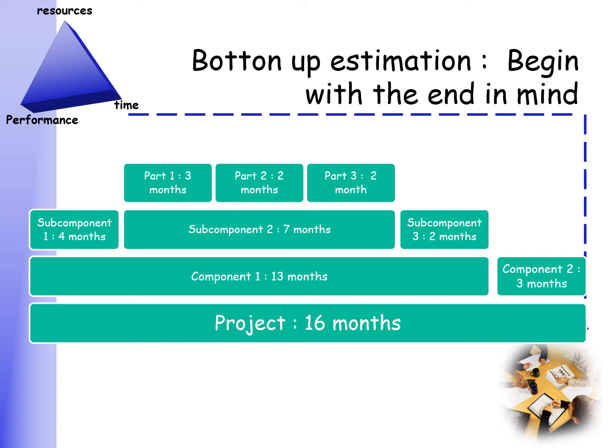So in this case, subcomponent 1, after asking the person responsible, will take 4 months. Part 1, after asking the person responsible, will take 3 months, and so on and so forth. And what you're now going to do is, once you have all of those lowest level time chunks, you start aggregating them until you now get the total duration of the whole project.